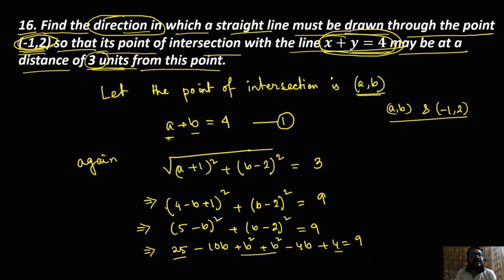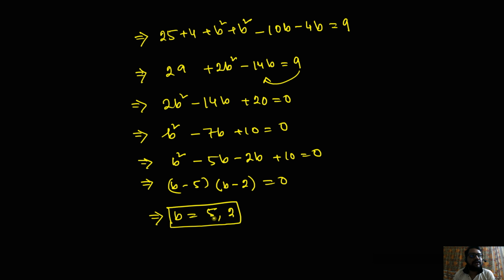We have to satisfy equation 1, a plus b equal to 4. If b equal to 5, then a plus b is greater than 4, that means it is not satisfied. So we have to take b equal to 2.